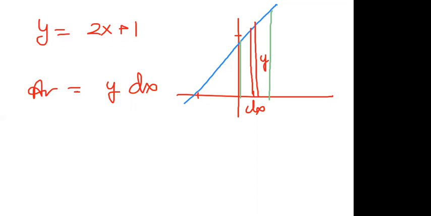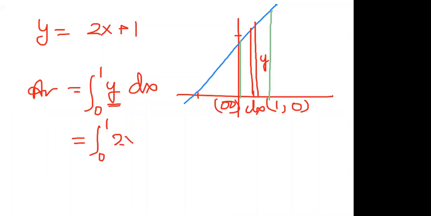As per my saying, we are going to calculate the area from 0 to 1. So it will be integral from the limit 0 to 1. Now we'll put in the value of y. So it will be integral from 0 to 1 of (2x plus 1) dx.